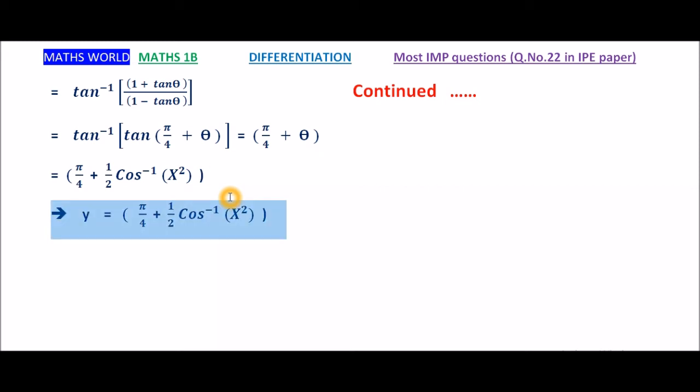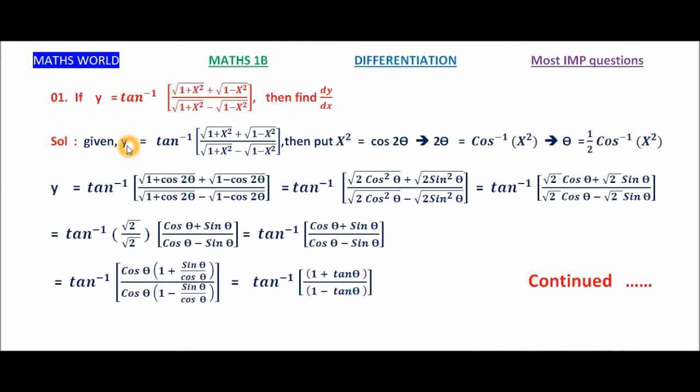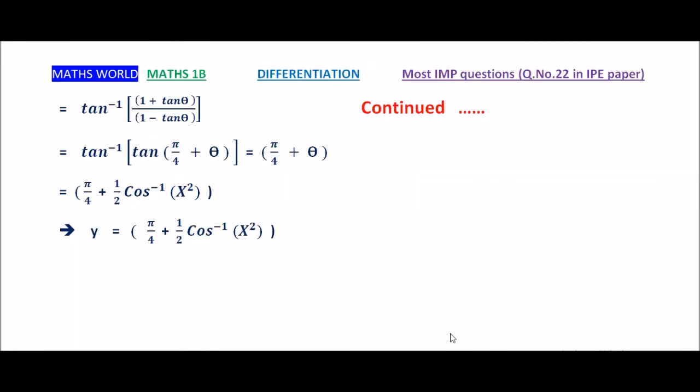That implies y is equal to pi by 4 plus 1 by 2 cos inverse x square. The value of y is given here as tan inverse so and so. Just after solving step by step, we got the value of y as pi by 4 plus half cos inverse x square.